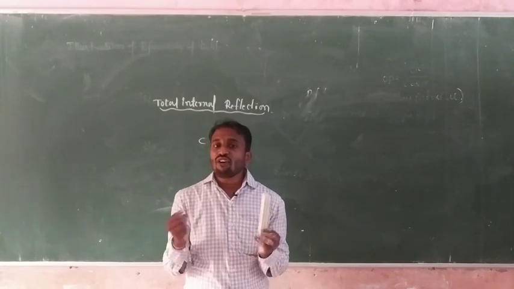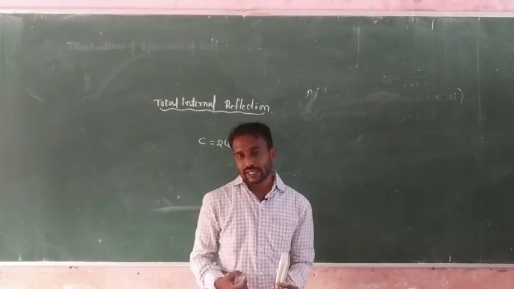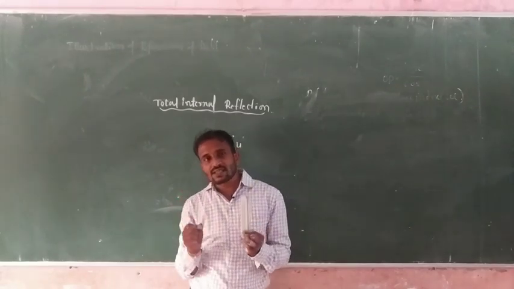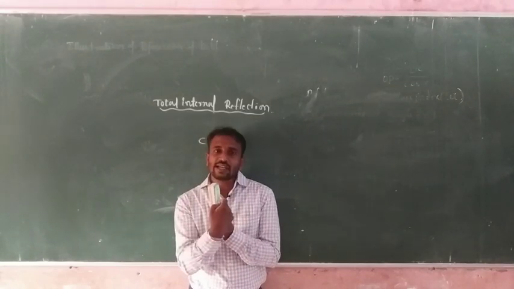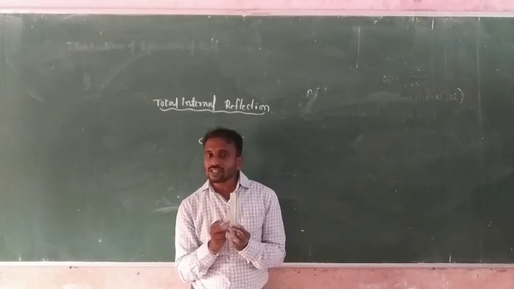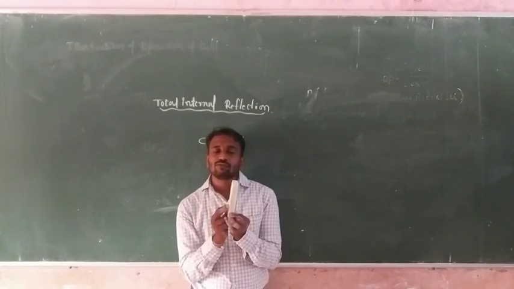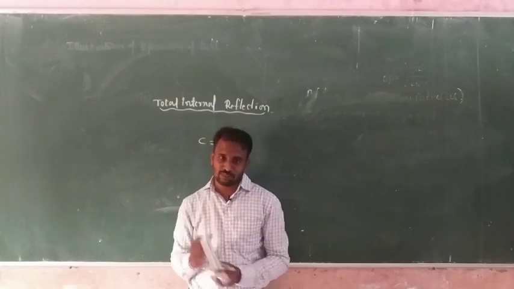But when the angle of incidence is less than 24.4 degrees, the light ray emerges from the diamond. For this reason, the diamond sparkles.